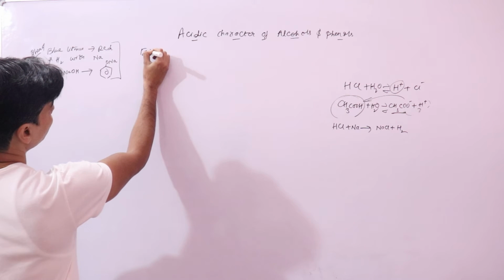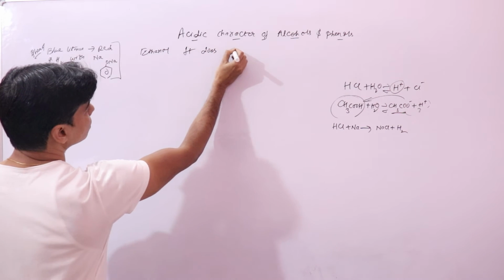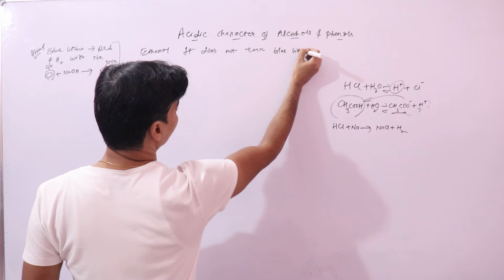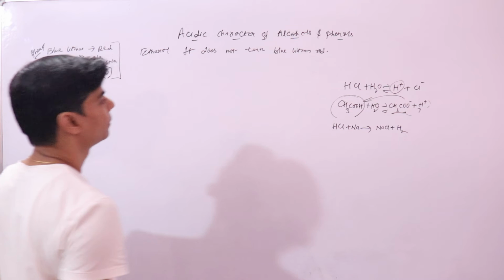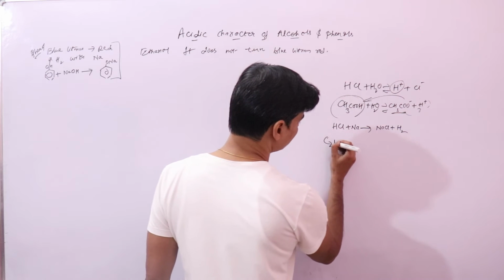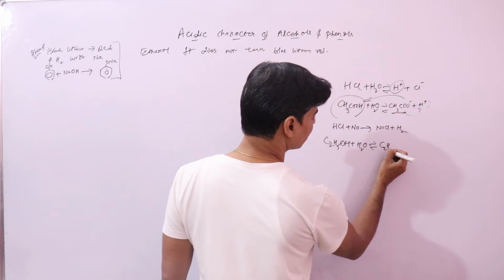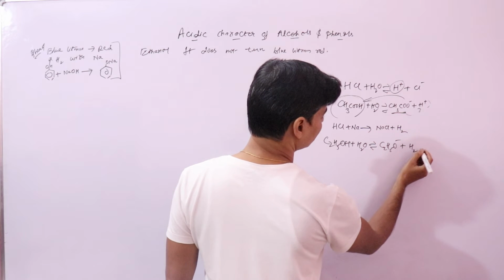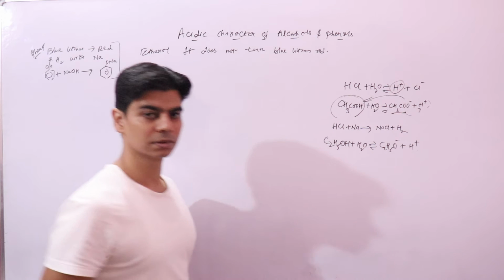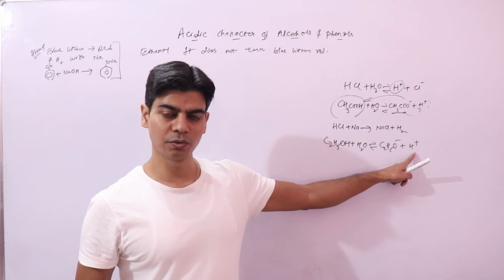Whereas if we talk about ethanol, which is an alcohol, it does not turn blue litmus red, right? That means it is not acidic. But we say that when alcohol is added to water, it will form ethoxide ion and hydrogen ions.